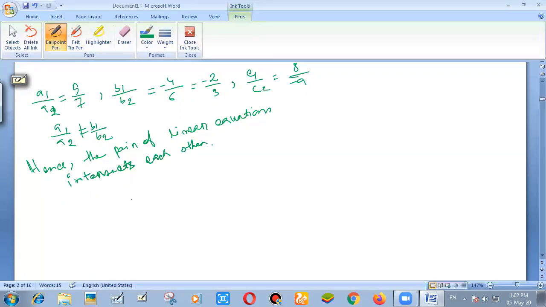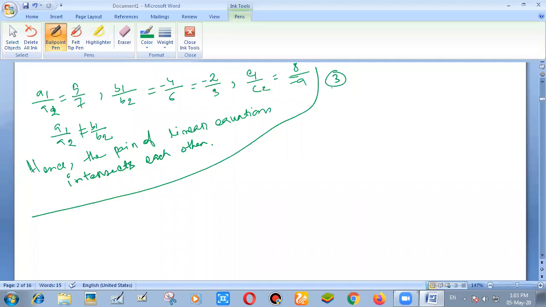Okay, now see question number 2. You do it as homework. See question number 3 now. What is question number 3? 6x minus 3y plus 10 equal to 0, and 2x minus y plus 9 equal to 0.